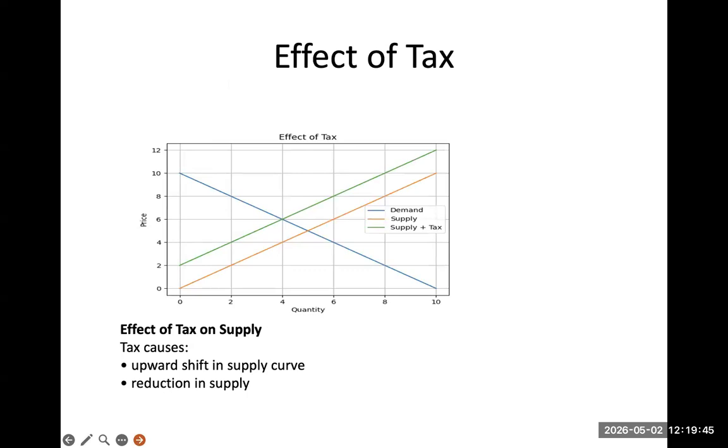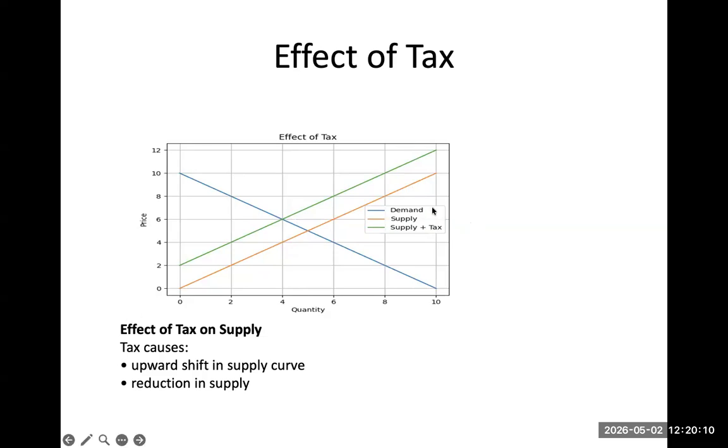So whenever there's an imposition of tax on supply, the tax causes an upward shift in the supply curve. It will shift from the orange line to the green line because of the supply plus tax, because of the imposition of the tax.